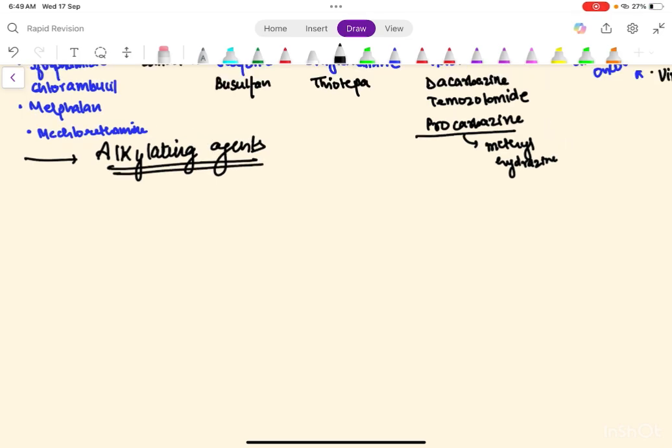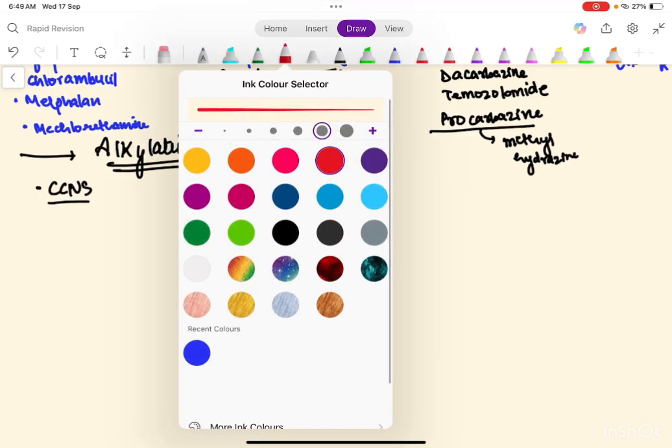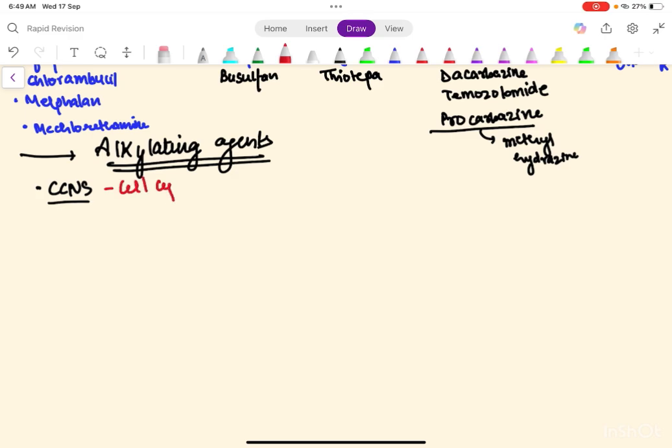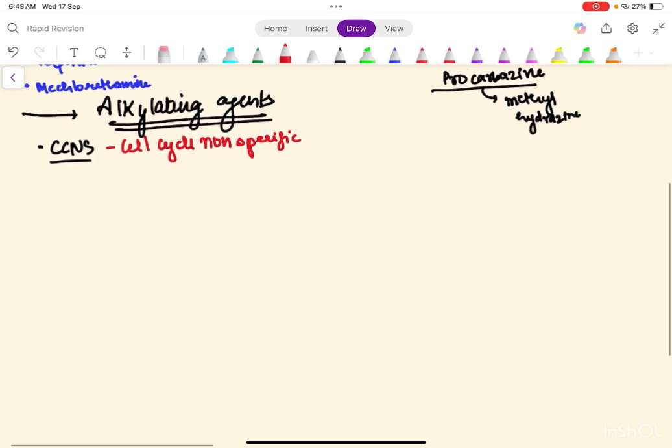Now in alkylating agents, first of all you should know that this is CCNS. What I mean by this is that it is a cell cycle non-specific class of drugs. Basically they are called alkylating agents because they alkylate nucleophilic groups on DNA bases.